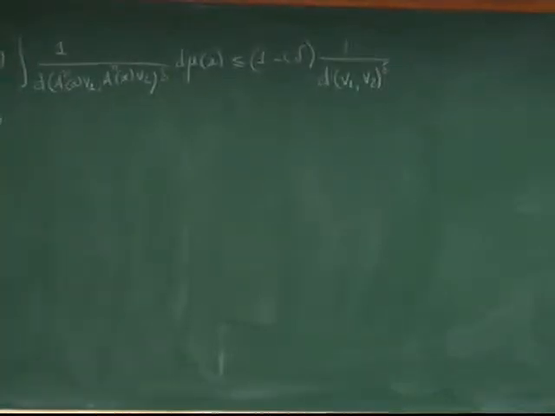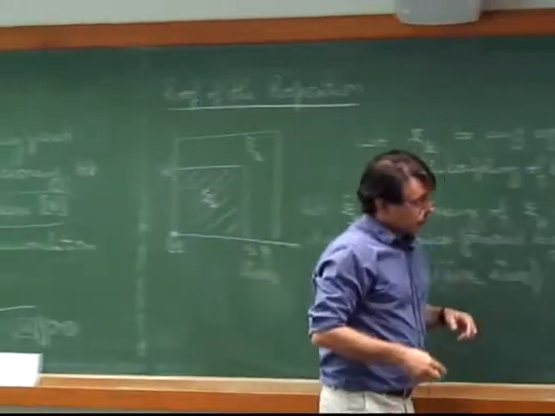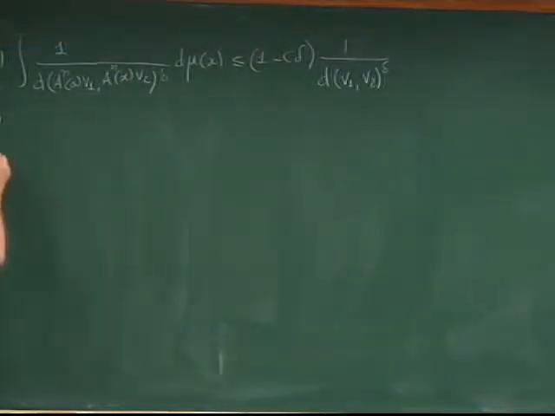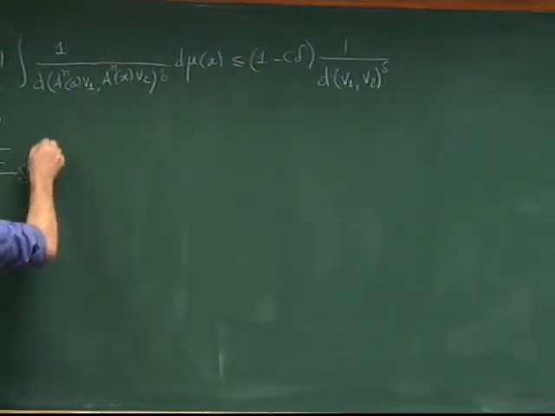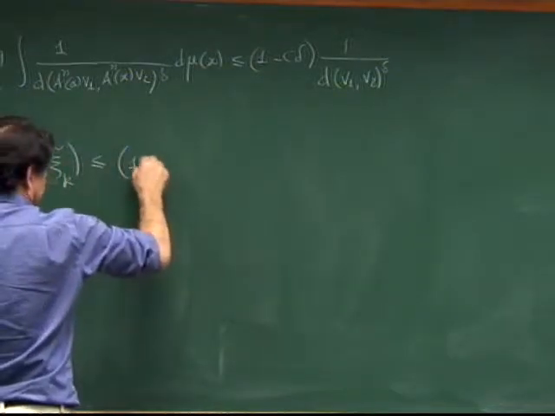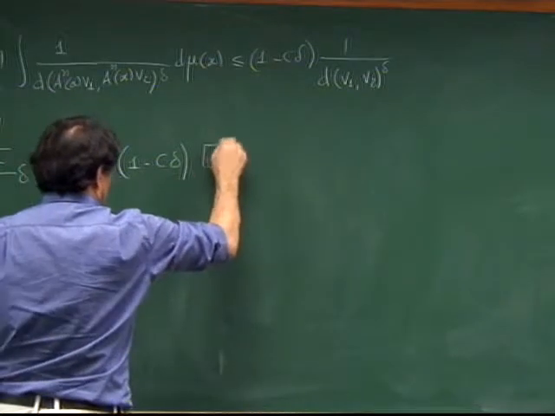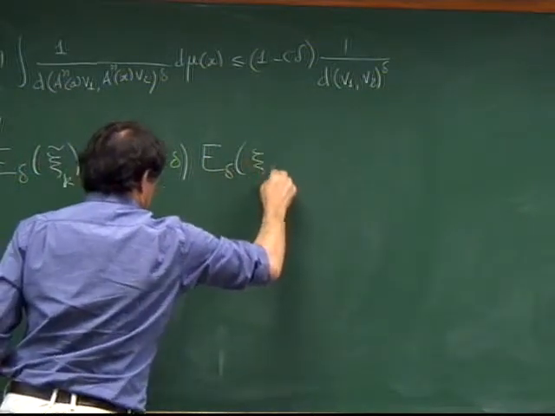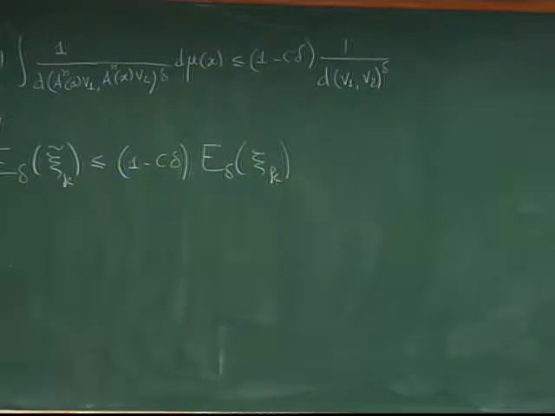This property is saying that on average the distances between points in U1 get expanded, and as I already observed, that implies that the energy of ck twiddle is less or equal than 1 minus c delta times the energy of ck. So near an expanding point, the dynamics itself increases distances, and so the dynamics decreases the energy.